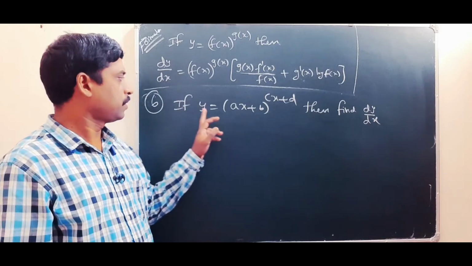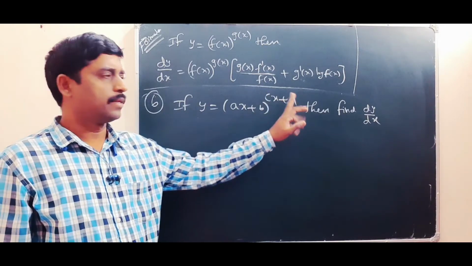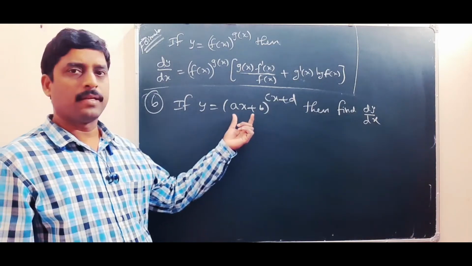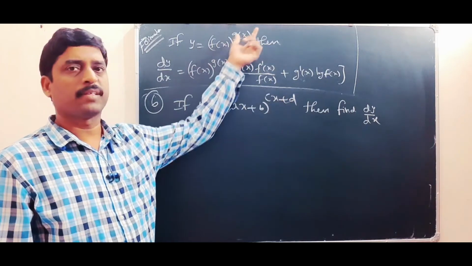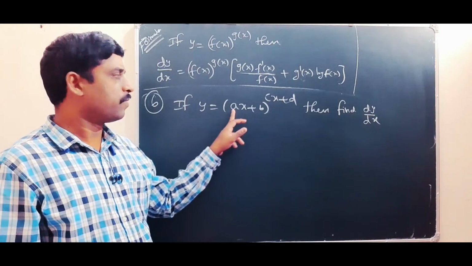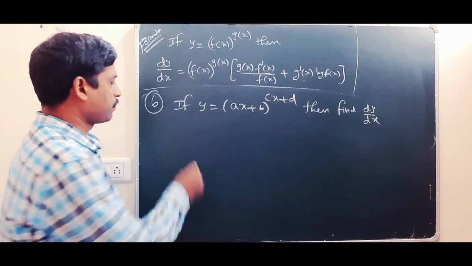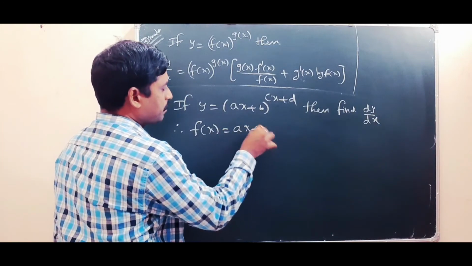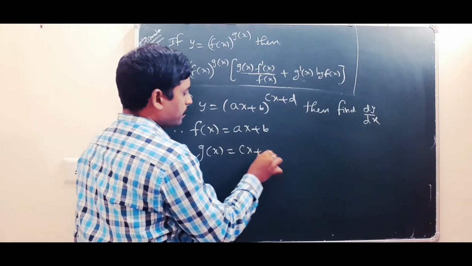Okay, look at the next question. Y is equal to ax plus b power cx plus d. Then find out dy by dx. On comparing ax plus b power cx plus d with f of x power g of x, where f of x value is ax plus b and g of x value is cx plus d. Therefore f of x is equal to ax plus b and g of x is cx plus d.